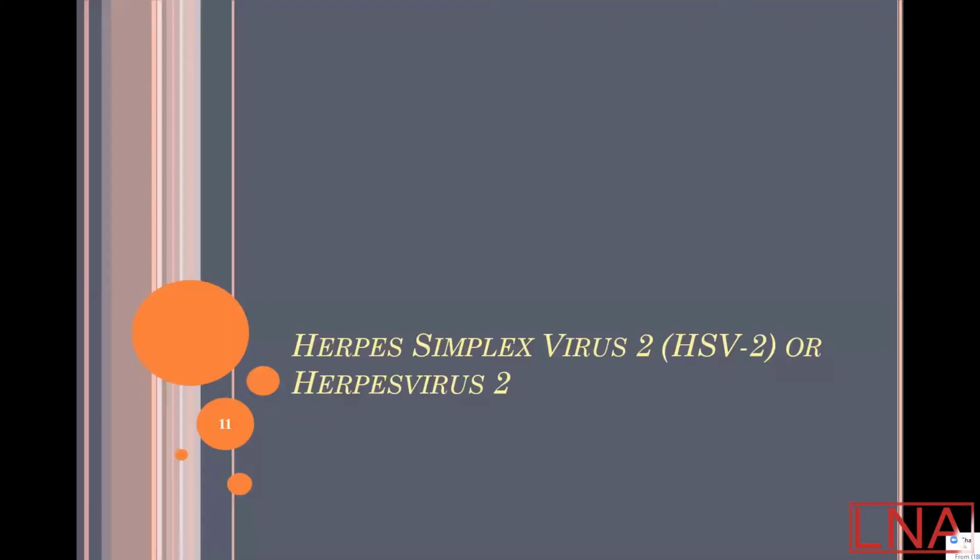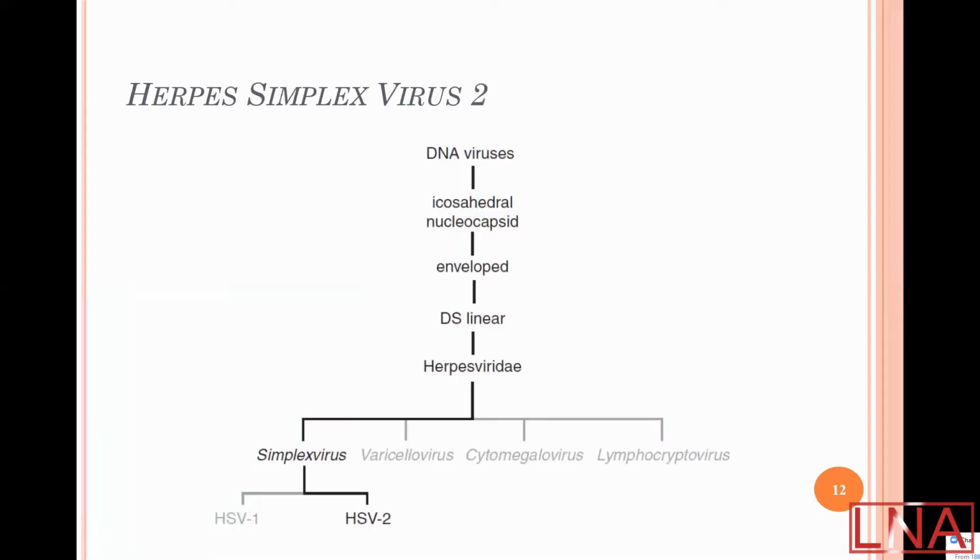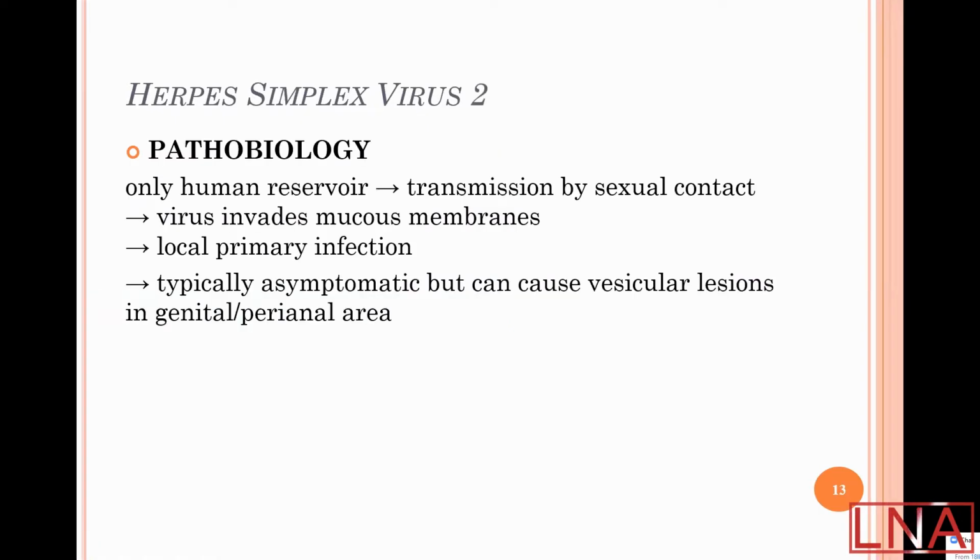So about herpes simplex virus 2, as you see, it has totally the same characteristics as herpes simplex 1. That's because they are very similar, very related, I would say relatives. In pathobiology, again, only humans are the reservoir.